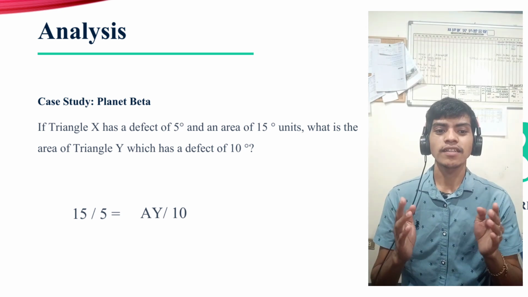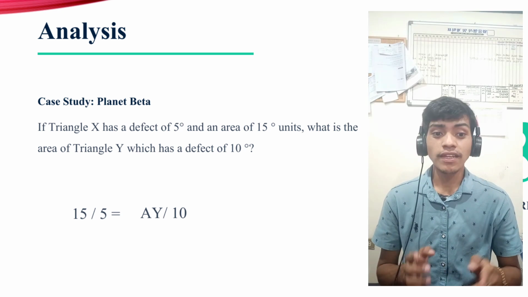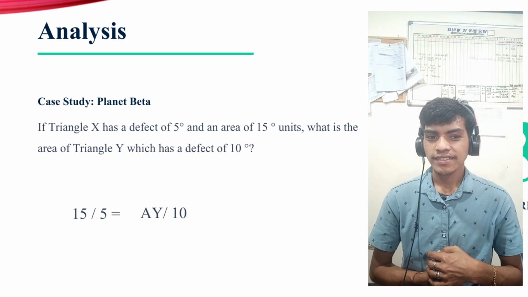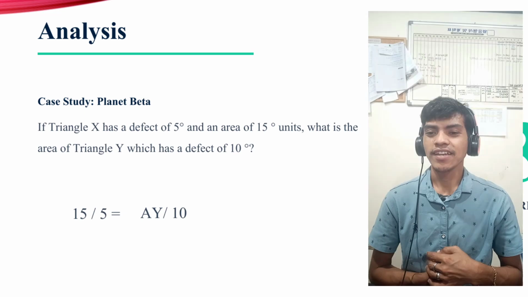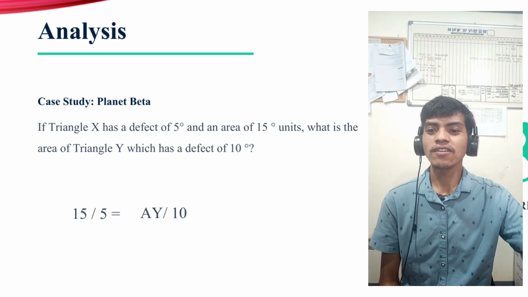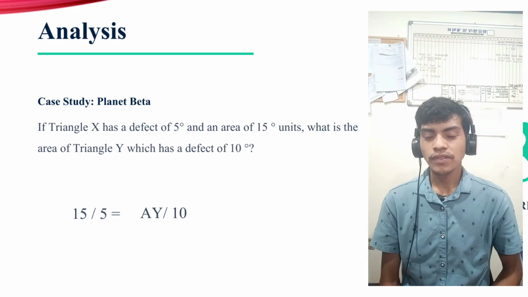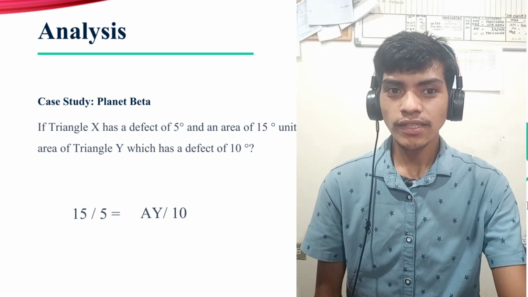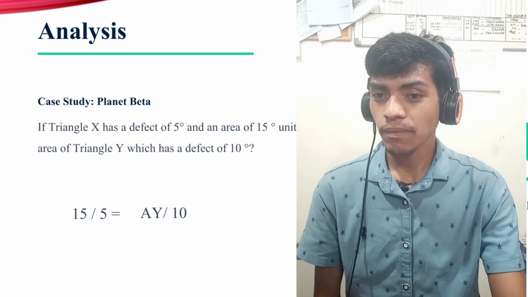Since they are proportional, if the defect doubles, we must also double the area. Okay, so do you see that when the defect is doubled, the size must be doubled too. So, analytical memo.